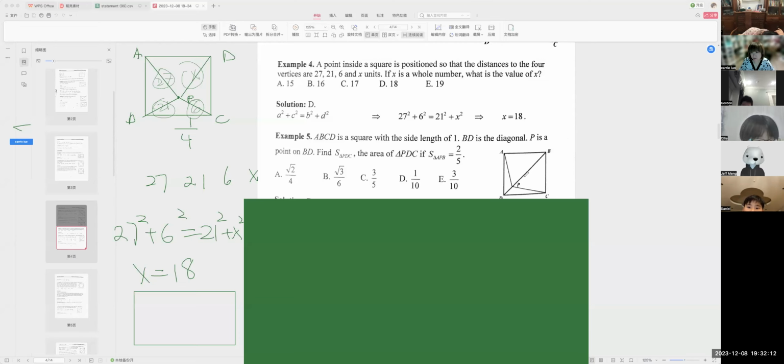Okay, BD is a diagonal. So with a diagonal, you can just cut this whole entire square into half, right? So P is a point on BD. So find S of PDC. We want to find out the area of this one.